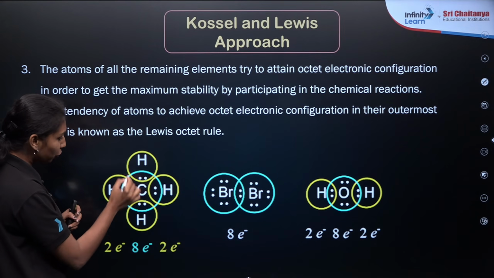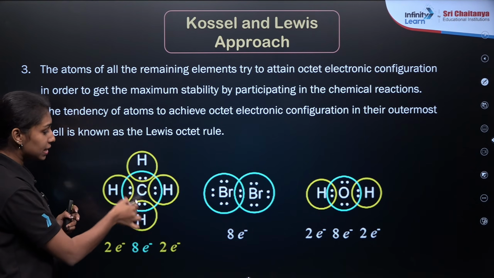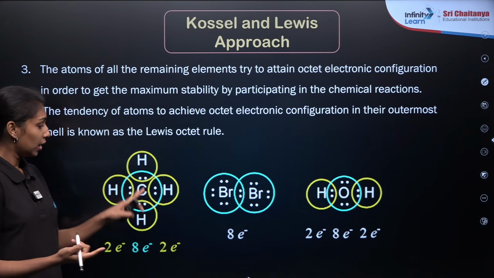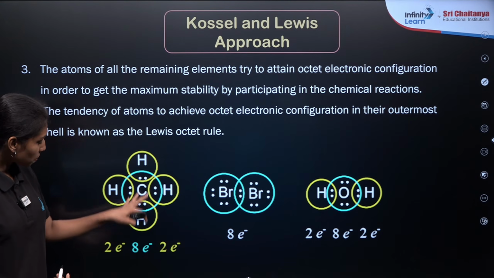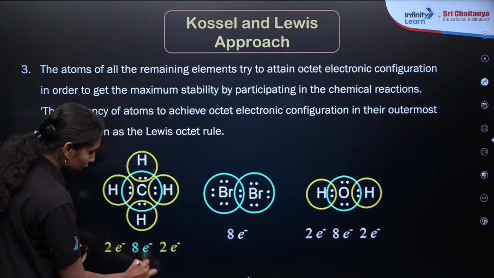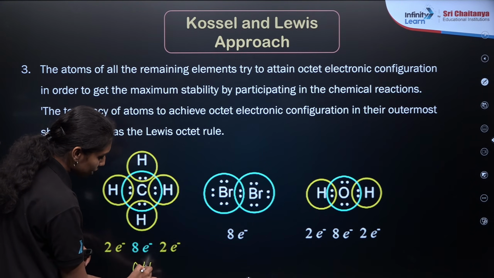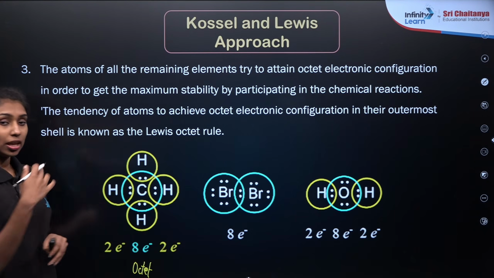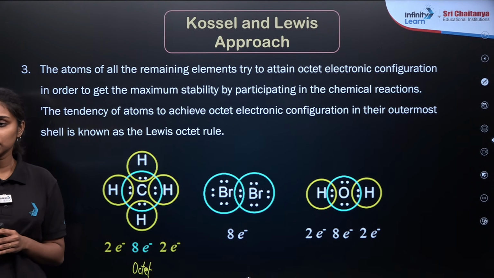As you can see, if you count the total number of electrons here, it attains 8 electrons in the valence shell, so it obtains the octet electronic configuration. In the case of hydrogen or helium, it has 2 electrons, which gives the duplet configuration.